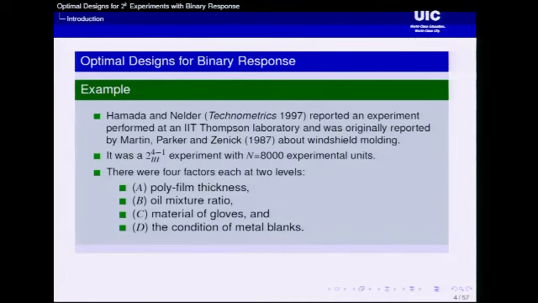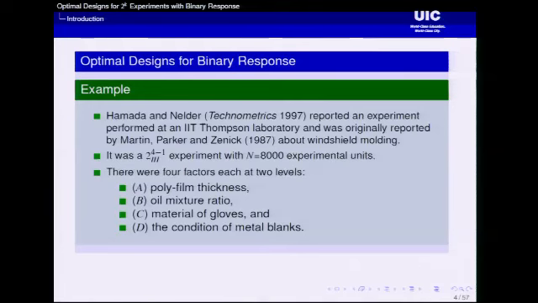So this was a 2 to the 4 minus 1 experiment with 8,000 experimental units, and there were 4 factors at 2 levels: the polyfilm thickness, oil mixture ratio, material of gloves, and the condition of metal blanks. Now these were all taken at 2 levels. Certainly one of them, this one, you can argue cannot have more than 2 levels.